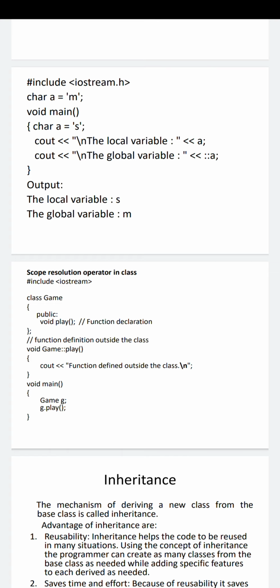So here include iostream.h. After that we have defined one variable, character a equal to m. Now since this variable is declared outside the scope of any function, it is a global variable for this particular program.